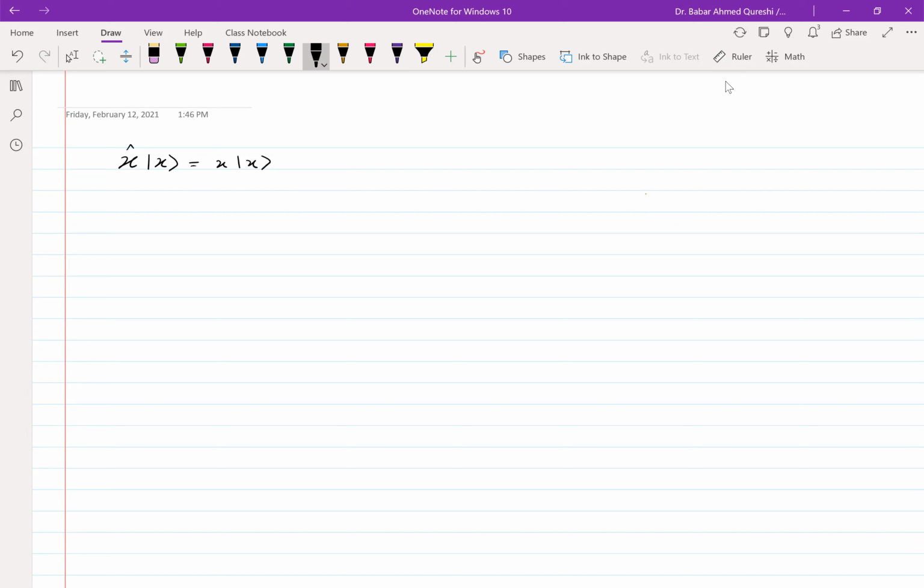And we had proved last time that when it acts on any function f, then the effect of this, the new function, the new ket which you get, its components are just these.